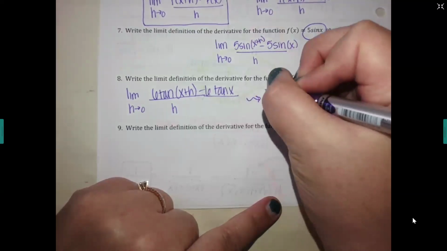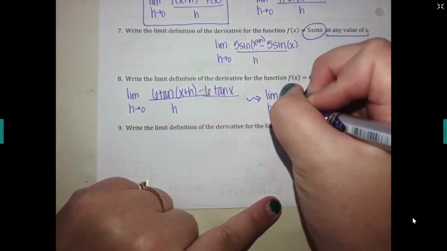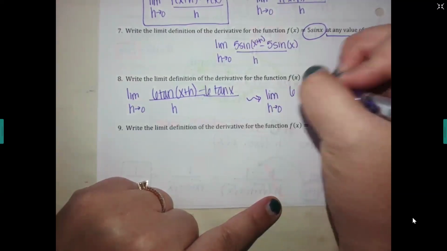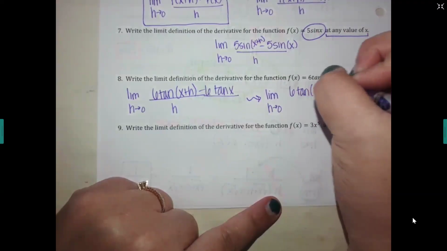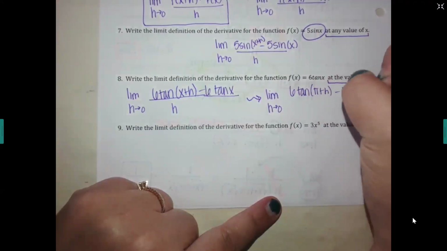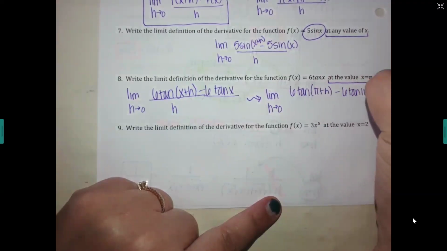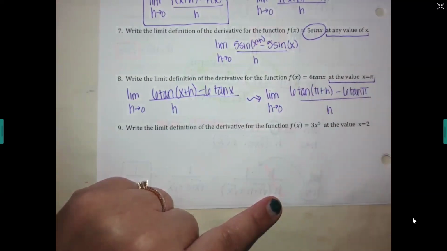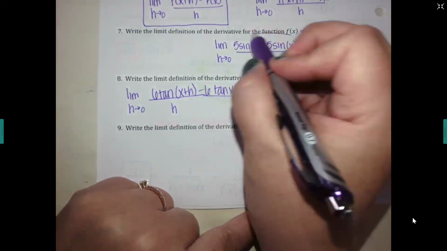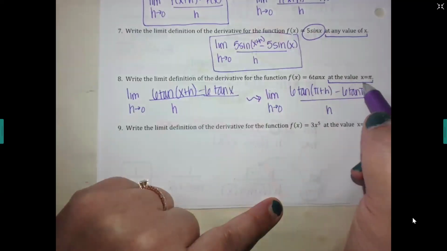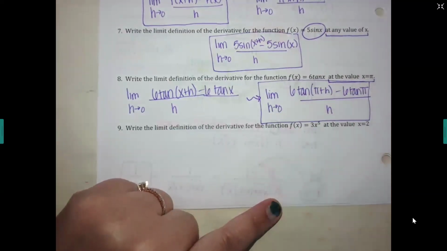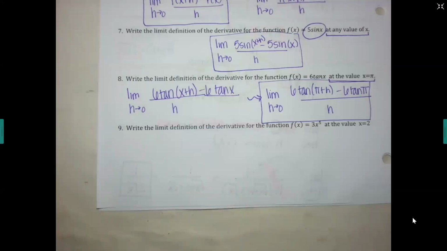So your limit, h approaches 0, is now going to be 6 tan of (pi plus h) minus 6 tan pi over h. Anywhere there's an x, you're just plugging in that number. That's right. But notice the difference in the instructions. If I want it at a particular value, I have to plug that value in for x in the limit, versus at any x, I can leave it as a letter.